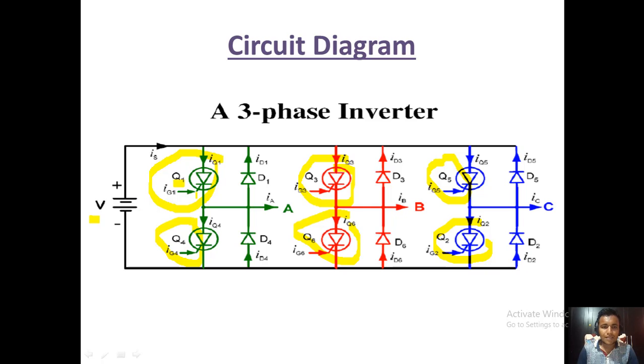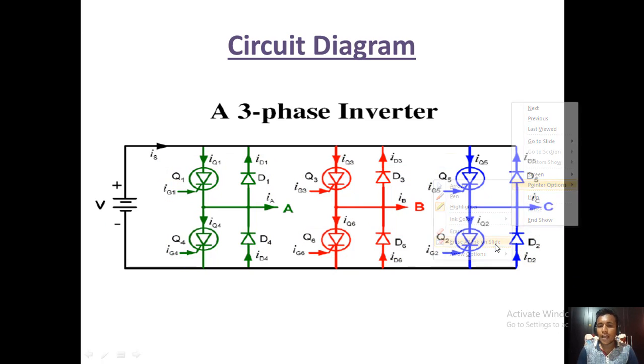So here the power semiconductor device is the SCR. Here we use six thyristors and six diodes D1 to D6. These six power semiconductor devices and six diodes are used. These diodes are feedback diodes.